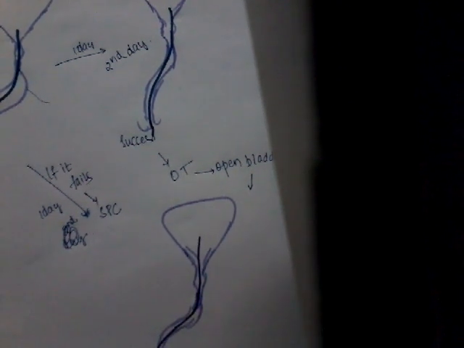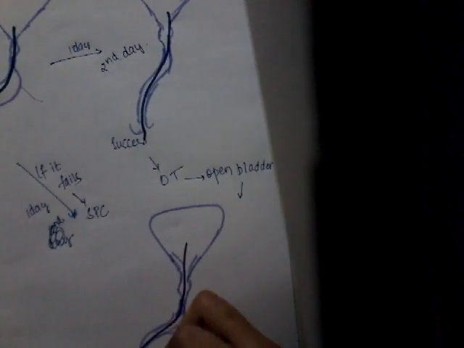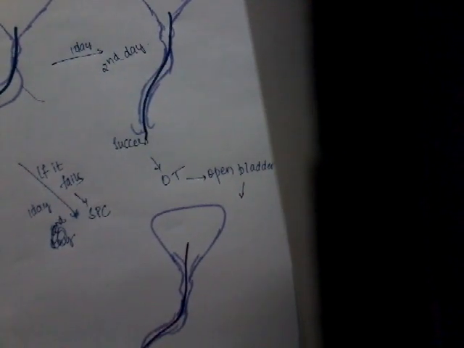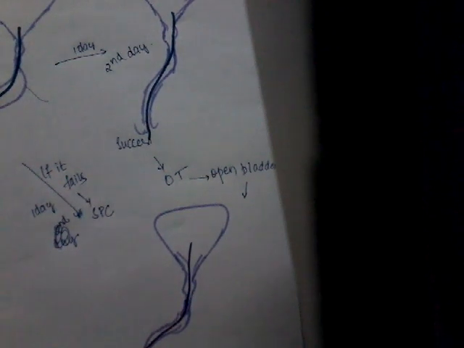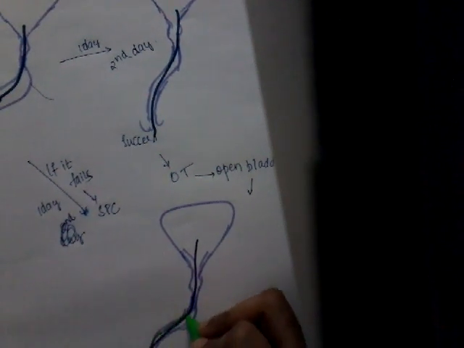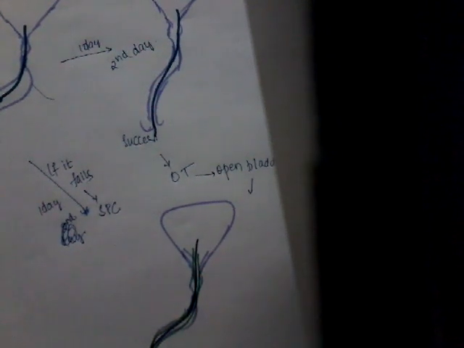So through this soft catheter, you will pass a cystoscope like this. Just a minute, guys. Pass a cystoscope. This is the cystoscope, with both ends of the cystoscope.